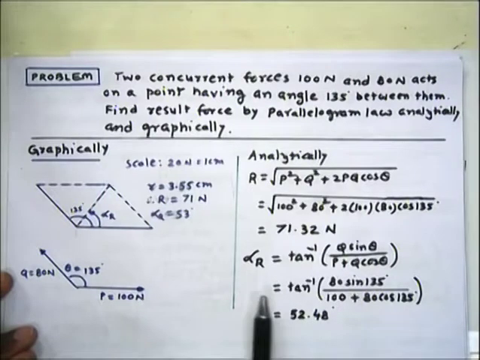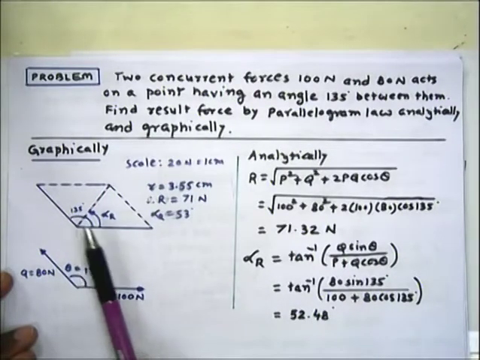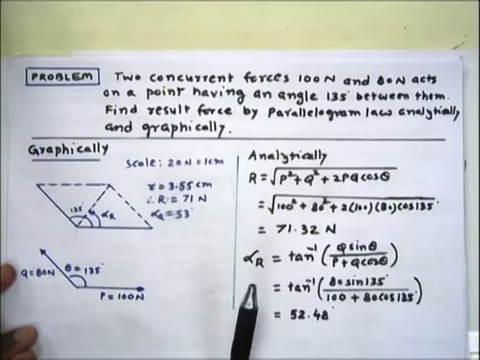Suppose you want to find the angle of the resultant force with respect to Q instead of P, then what will be the change in the formula of direction?